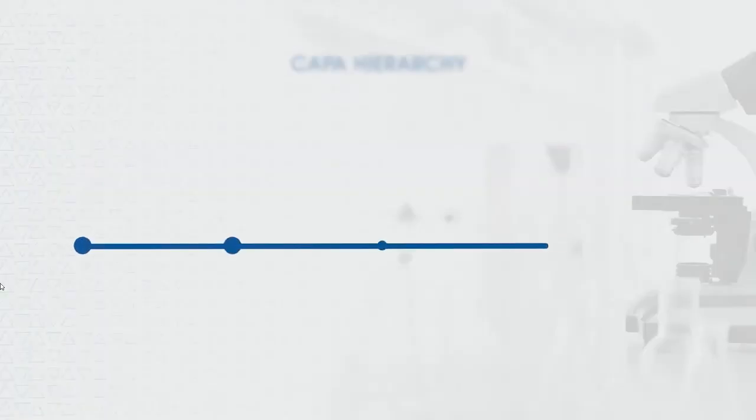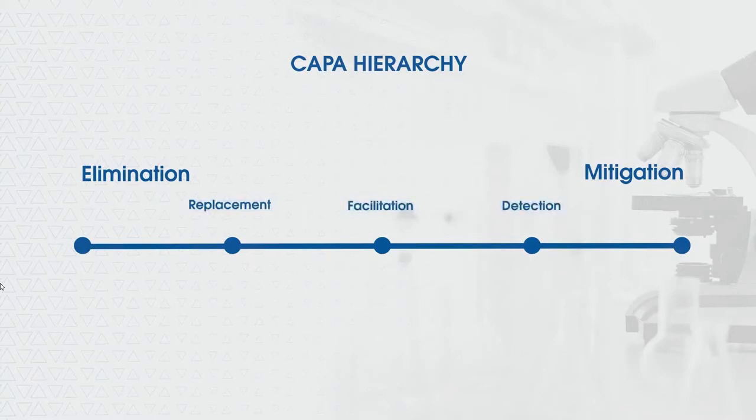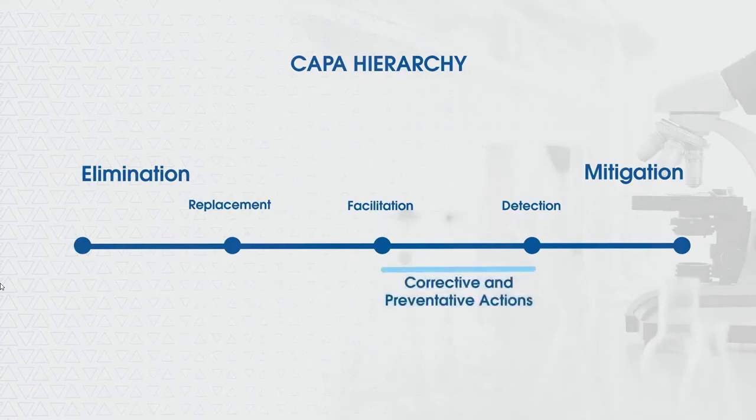So how does it work? Picture a sliding scale with elimination at one end and mitigation at the other, and in between we have replacement, facilitation, and detection. Often what investigators will do is they'll conduct their root cause analysis, identify corrective and preventative actions, and often those corrective and preventative actions, or CAPAs, are at the lower end of the scale.